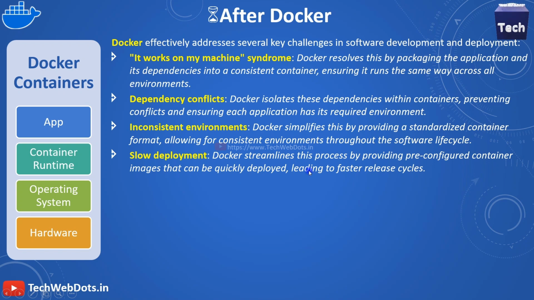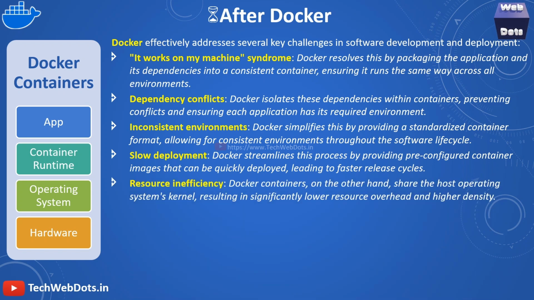Slow deployment: Docker streamlines this process by providing pre-configured container images that can be quickly deployed, leading to faster release cycles. We will learn about these pre-configured container images. It is a one-time effort if we create our own image, or there are many existing pre-built official images from Microsoft, Google, and Nginx. There are different providers, and we will discuss them in upcoming sessions. So this problem is also resolved.